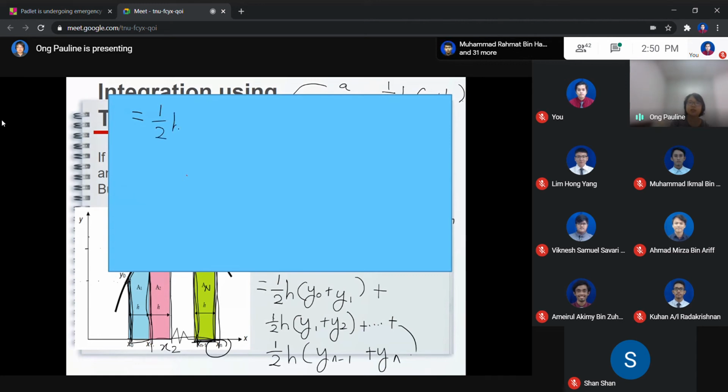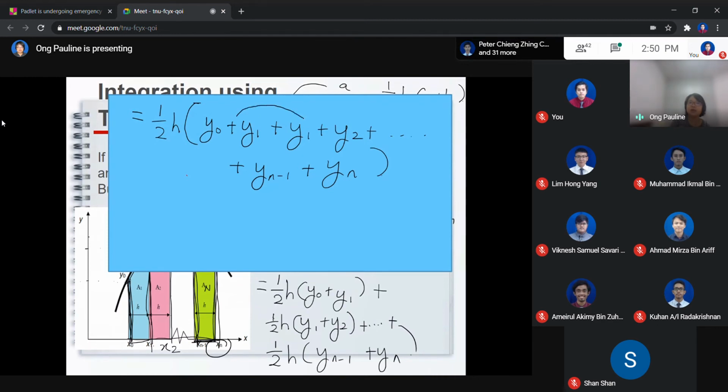Inside I have y0 plus y1 plus y1 plus y2 plus until yn minus 1 plus yn. If you observe, you have y1 plus y1.